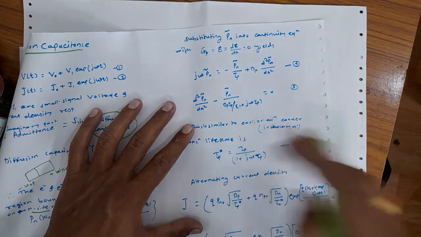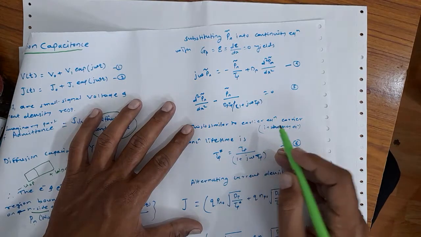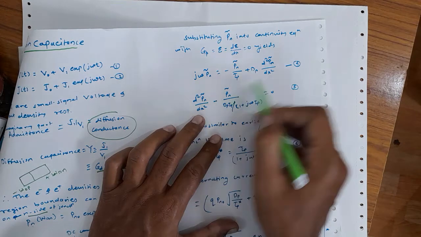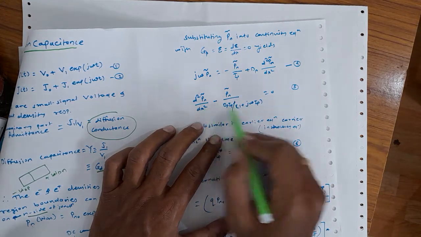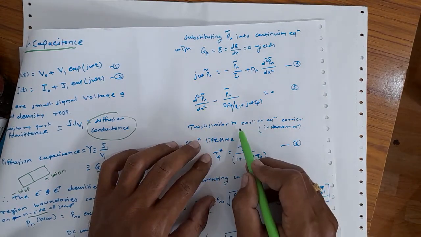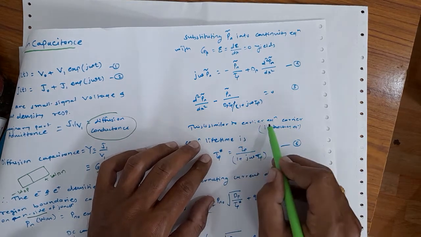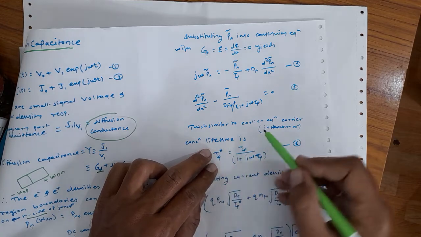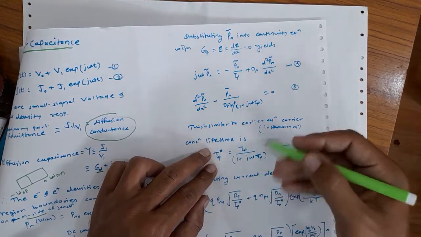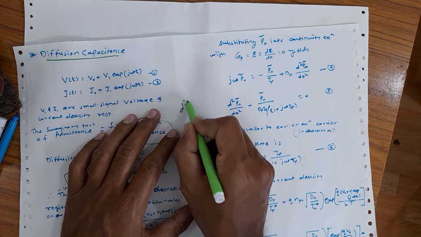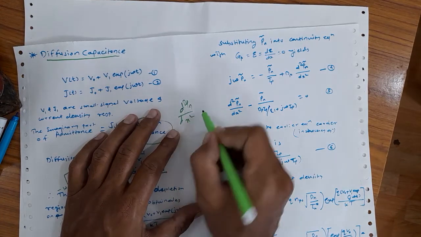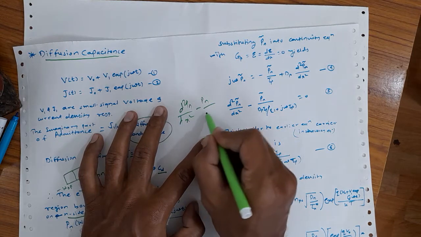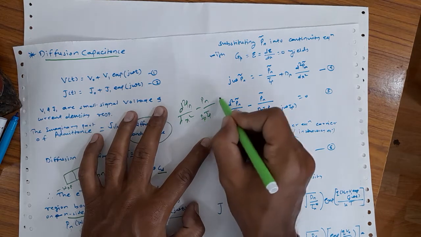Just try to rearrange the terms, and what we get is the similar equation which we obtained earlier for the carrier concentration and its lifetime, that is minus pn upon tau p plus Dp times the second derivative equal to 0.